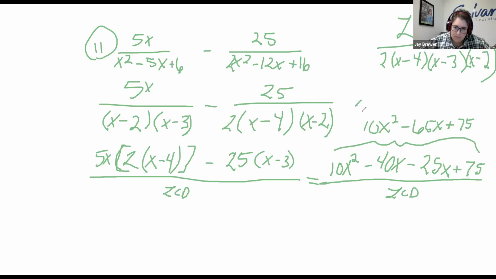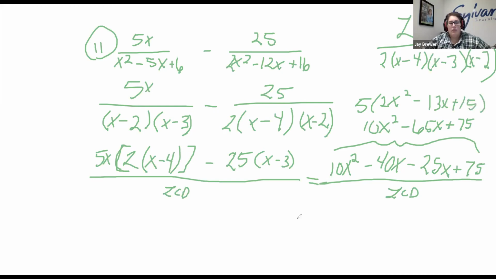So we would end up with 2x squared minus, what was my calculator? What is that, 13, right? Just to be safe, we'll double check that. Yep, so the 13x plus 15.